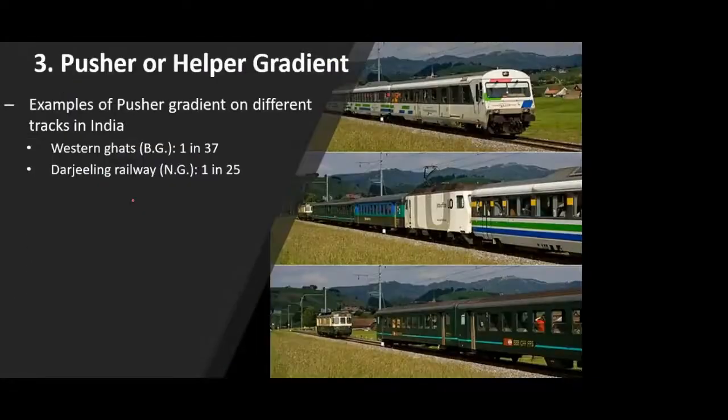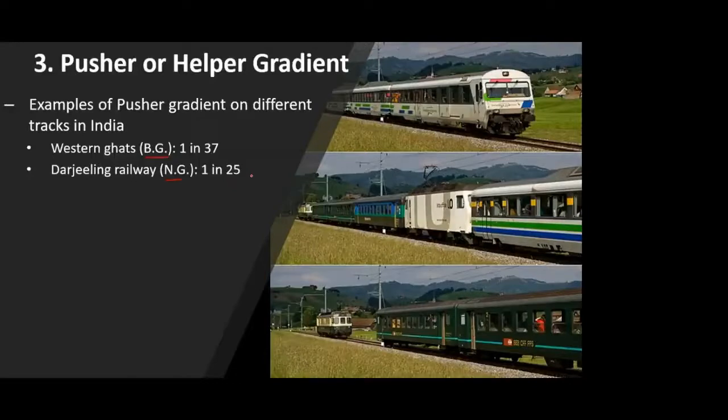Okay? So for pusher gradient, the examples in India are generally the Western Ghats, where broad gauge is used. So you can find a gradient as steep as 1 in 37. So 1 in 37 is quite steep, as well as in Northern Railways in Darjeeling, northeast it comes. So you have a narrow gauge there due to constraint of width, and there the gradient is much steeper. It's 1 in 25.